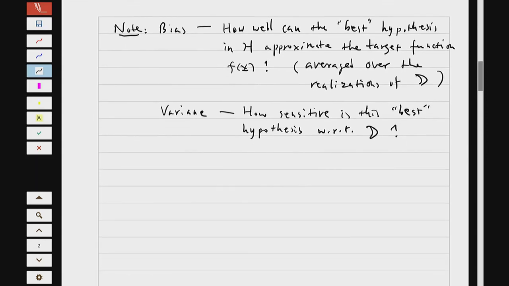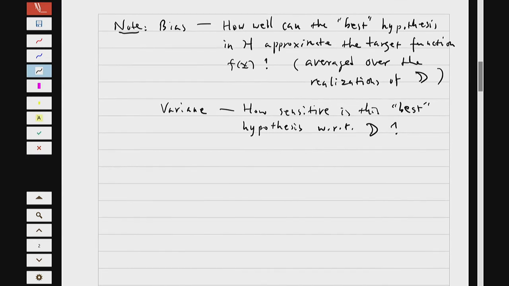So let's draw a picture of this. I want to draw the labels for a single data point, the possible labels of a single data point. There are many possible labels, depending on what hypothesis you have in the hypothesis set.